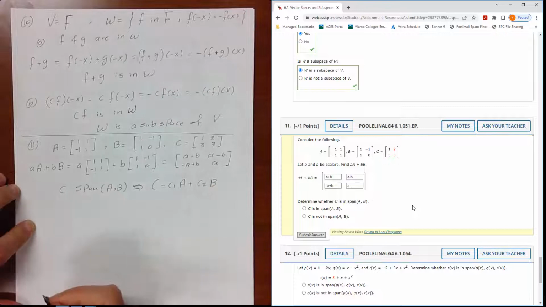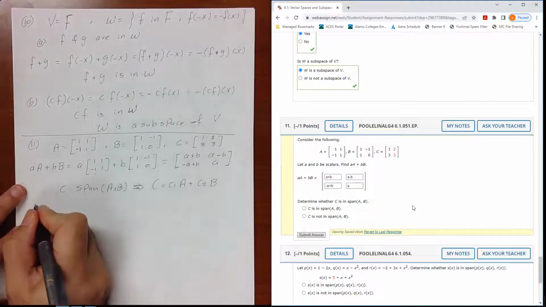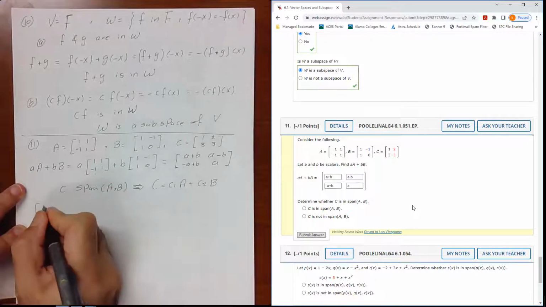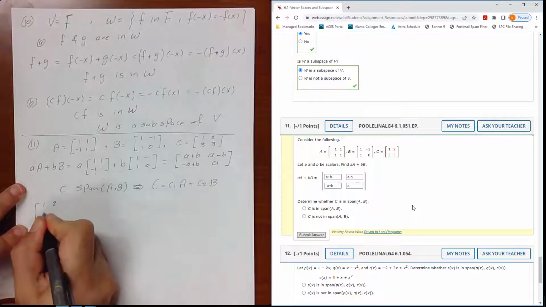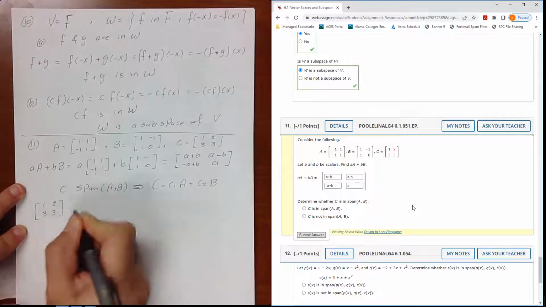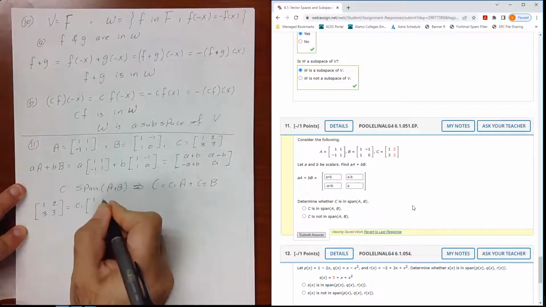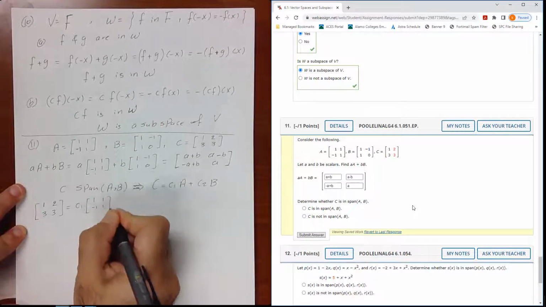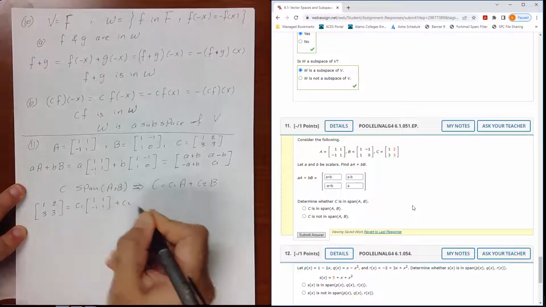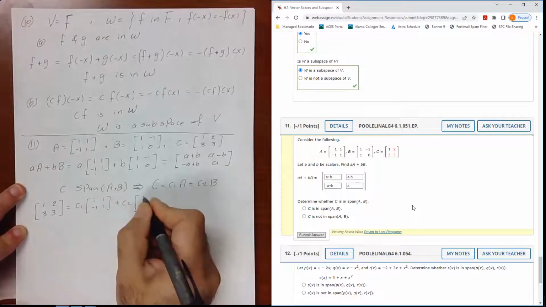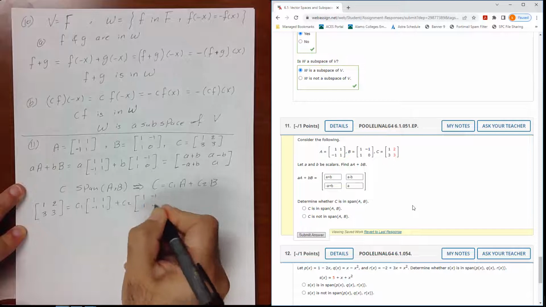Let's check that. So the matrix C is 1, 2, 3, 3. Equal to c1 with the matrix A, 1, 1, negative 1, 1, plus c2 with the matrix B, which is 1, negative 1, 1, 0.